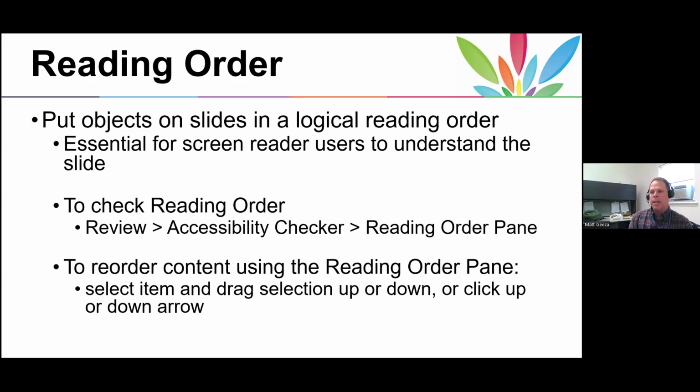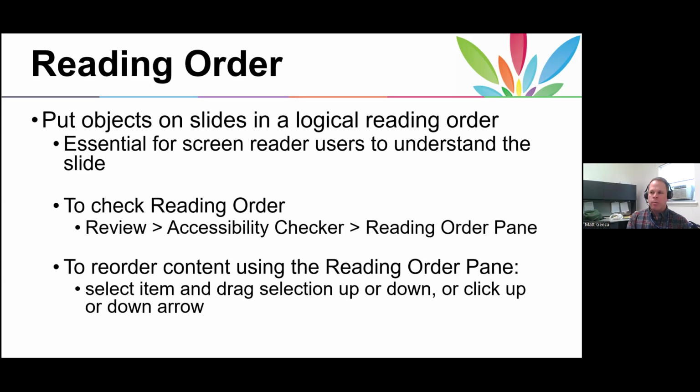We'll look at an example of how to access this, but to do so, you would go to Review at the top of PowerPoint, choose the accessibility checker, and then open the reading order pane.